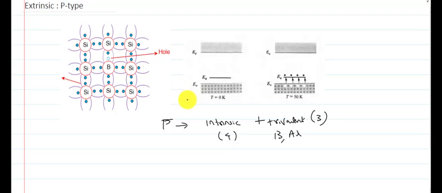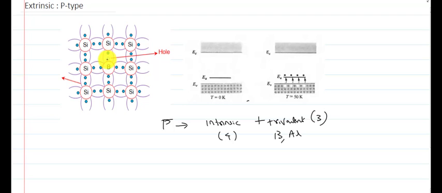So the outermost electrons of the boron atoms form covalent bonds with the silicon atoms, but there will be a vacancy, a lack of bonding for the fourth electron of the silicon atom, because boron has only 3 electrons that form bonds with 3 silicon atoms, and the fourth electron cannot form a bond with boron.